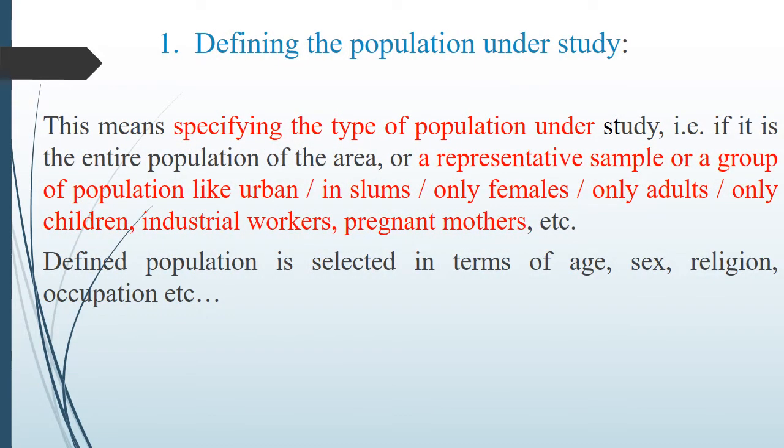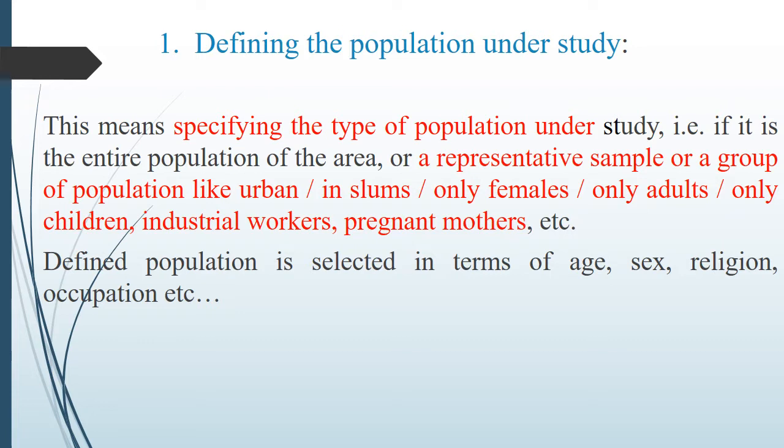Next one is defining the population under study. Whenever we are going to conduct a study, first we have to decide who our target population is. In defining the population under study, we have to specify the population type.